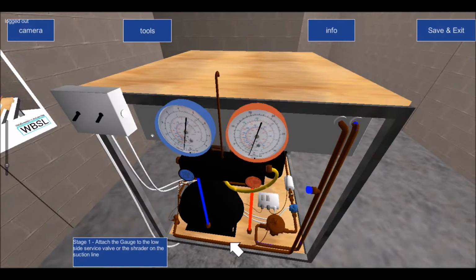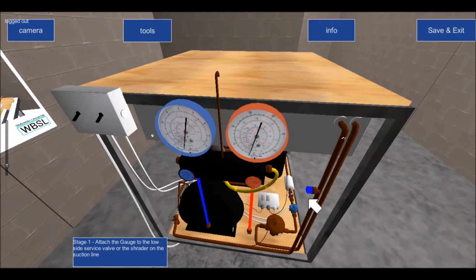But in theory, what we're actually doing is only venting the air that's in the lines, because when I connect this blue hose, there's positive pressure inside this system. This is a Schrader connection. It doesn't matter if I do it via the Schrader or via the suction service valve, but I'm just going to do the Schrader.